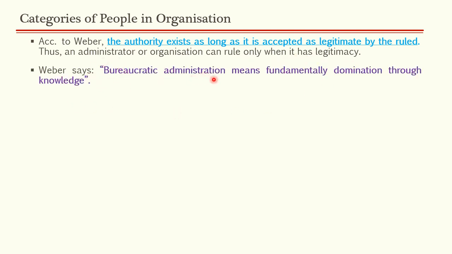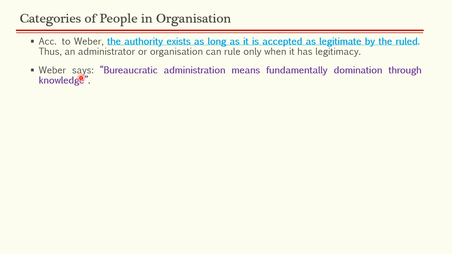Weber says bureaucratic administration means fundamentally domination through knowledge. Bureaucrats are experts. They are people who formulate the intricate details of policy. The work of politicians or elected representatives is formulating an overview of policy, and the work of bureaucrats is formulating the intricate details of every policy and executing them.